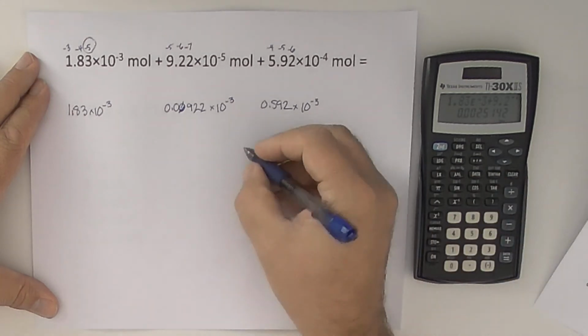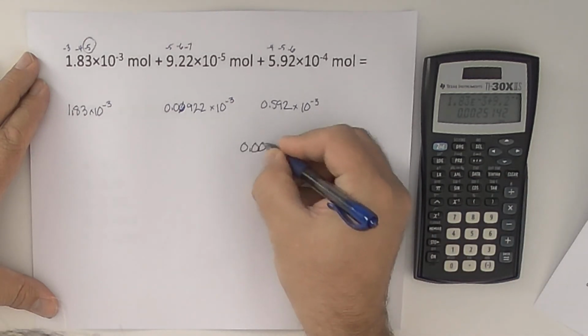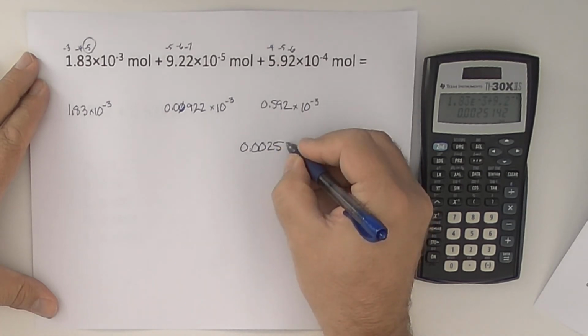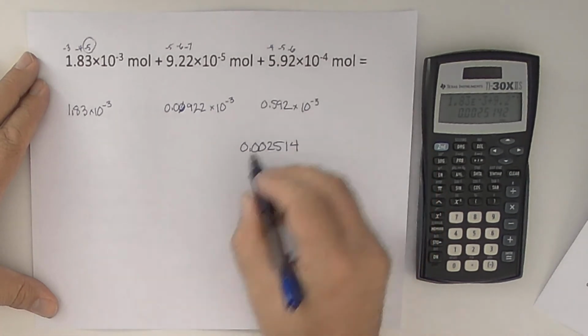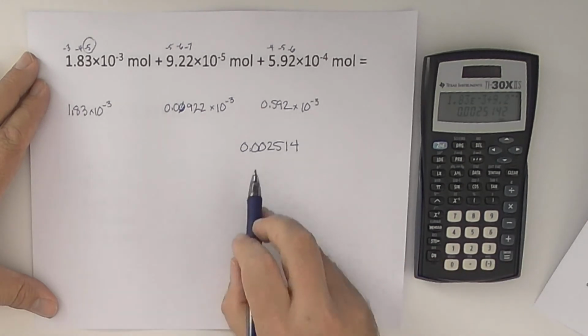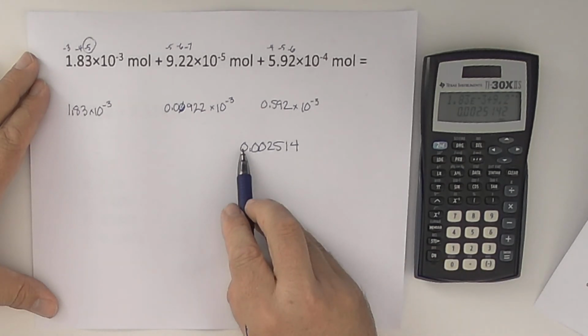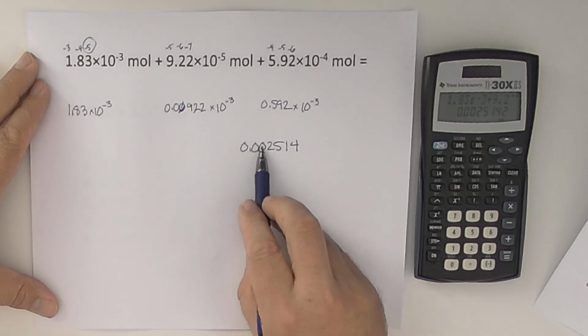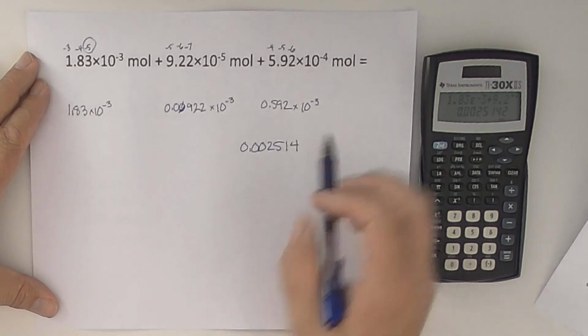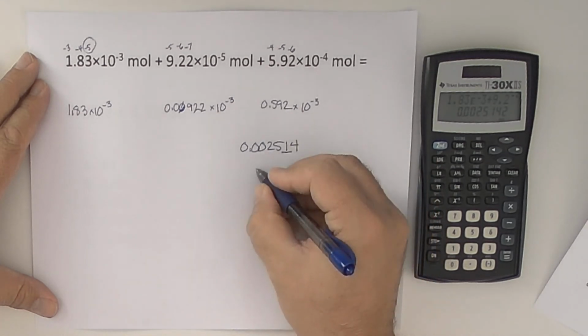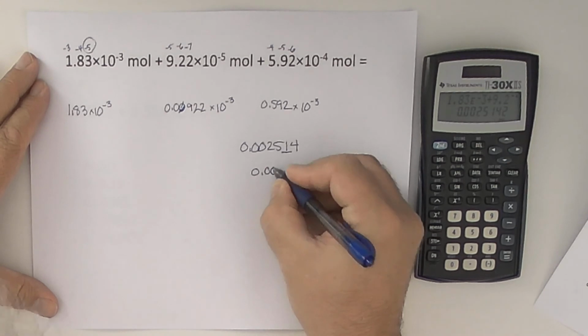And my calculator dumped it out as 0.002514. That should be enough. Okay, so this was 10 to the 0, negative 1, negative 2, negative 3, negative 4, negative 5, 0.00251.